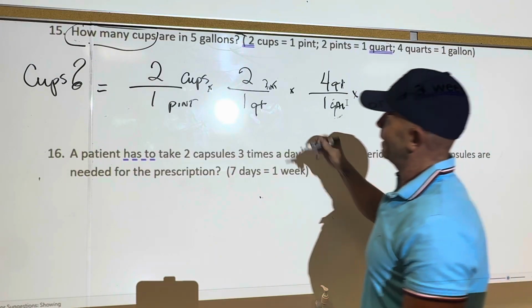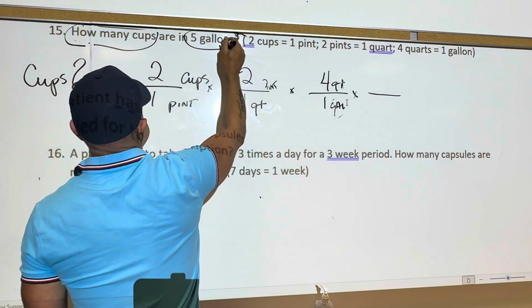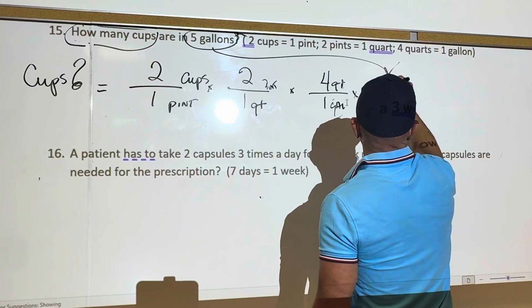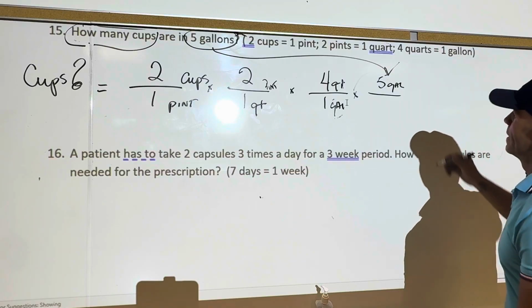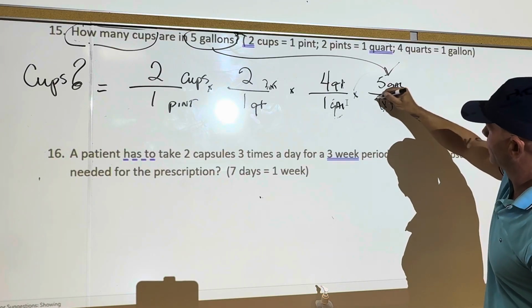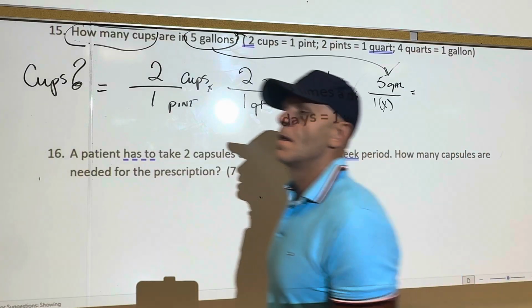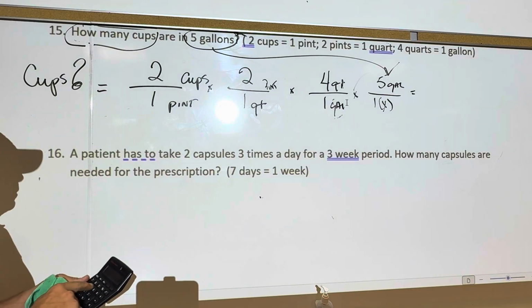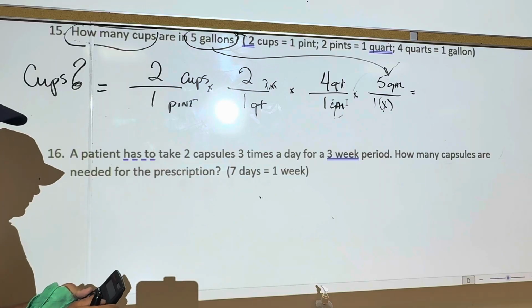Well, they're asking, so we have 5 gallons sitting in front of us. They wanna know how many cups are in those gallon buckets. Well, we put 5 gallons, because remember, gallons goes there. 5 gallons over x, 1 equals what? 2 times 2 times 4 times 5 equals 0.